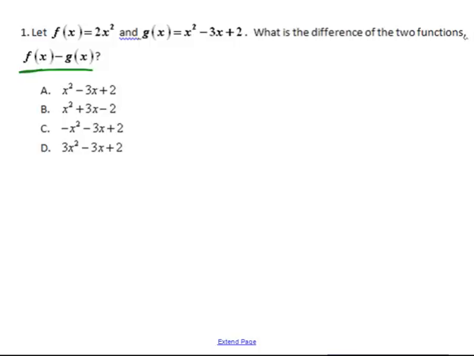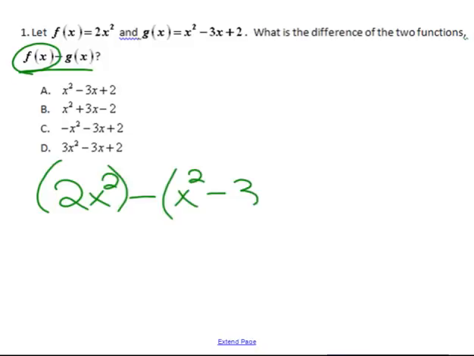So I need to take my f function first, which is 2x squared. Has to go in parentheses. I need to subtract my g function in parentheses, minus 3x plus 2. Remember there's a little negative 1 out front that does have to be distributed. So you have 2x squared.